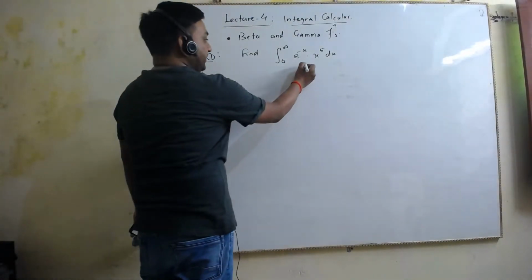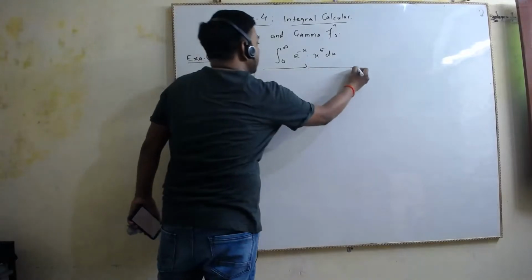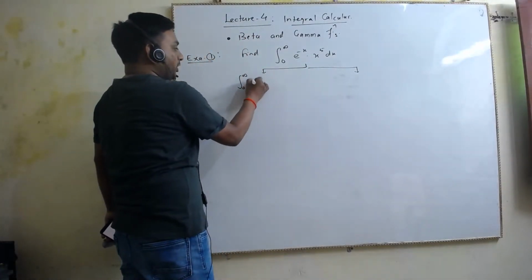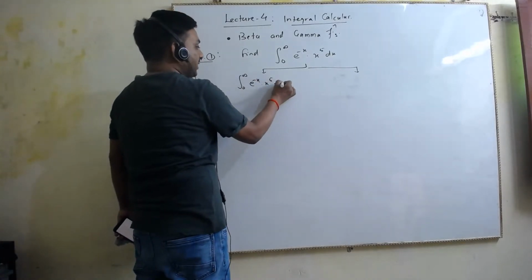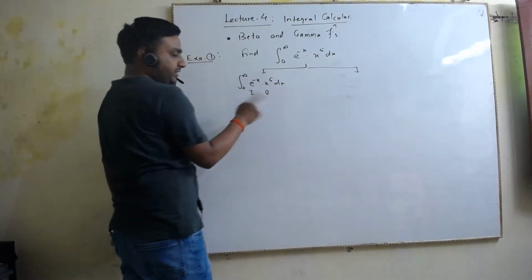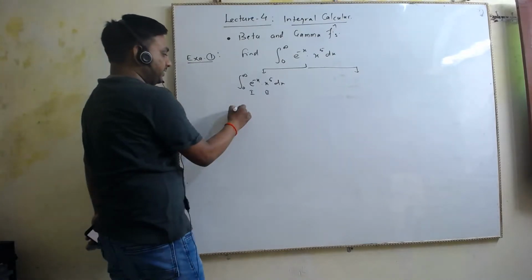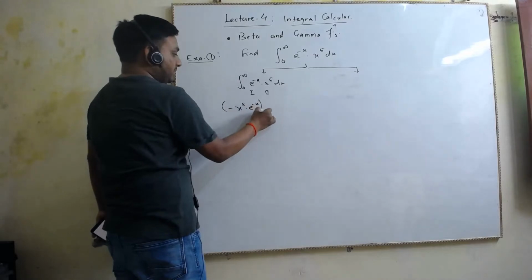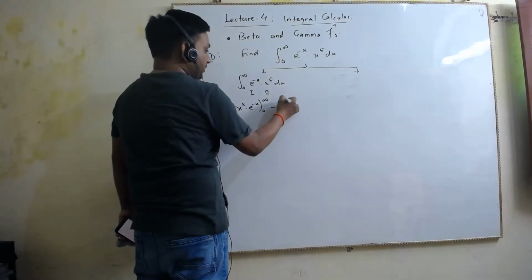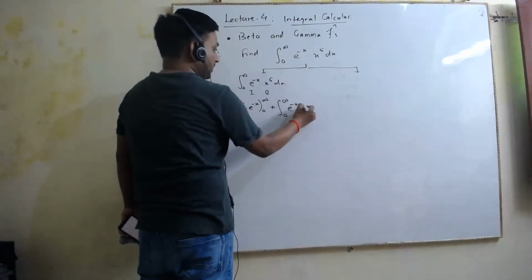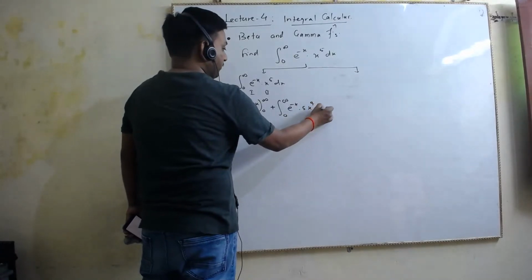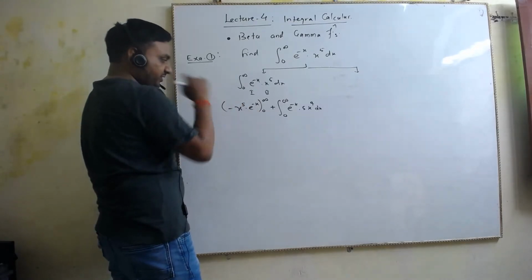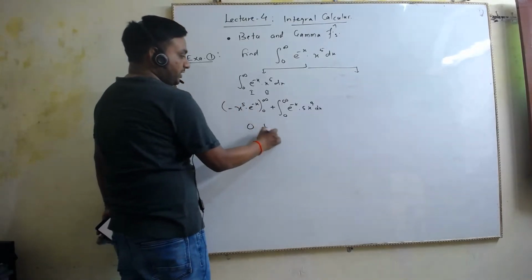Suppose that you didn't study the gamma function. Then you will be trying to do it by integration by parts. So this will be minus e to the power minus x into x to the 5, from 0 to infinity, plus 0 to infinity e to the power minus x into 5 into x to the power 4 dx. At infinity it is 0, and at 0 it is 0, so this comes out as 0.